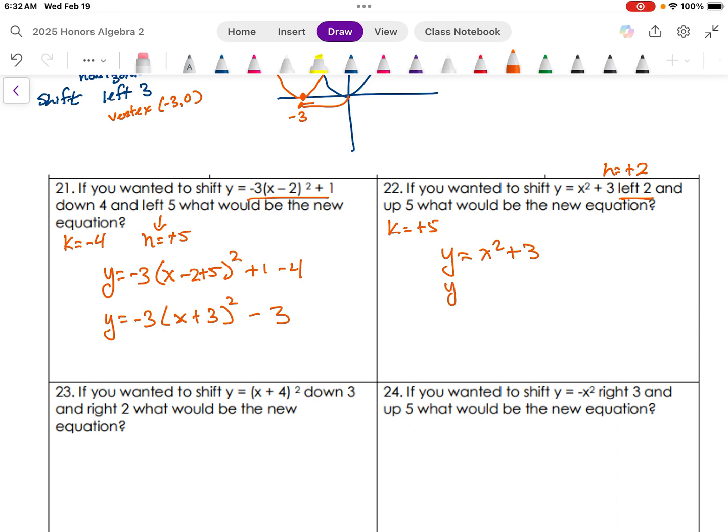So we could rewrite this as x minus 0 squared plus 3. And then now again, I add 2 to the h and 5 to the k. So y equals x minus 0 plus 2. And then take my k and add 5 to it. And my new equation would be x plus 2 quantity squared plus 8.